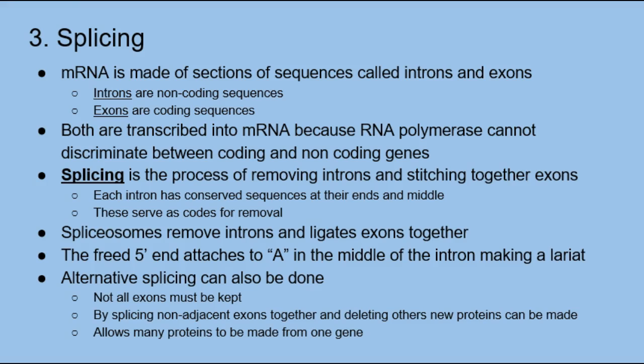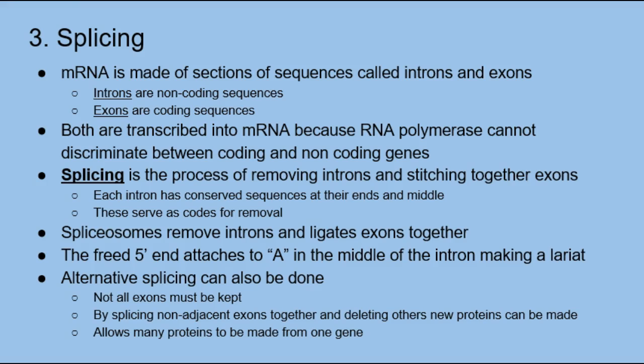Each intron has conserved sequences at its ends and the middle, which serve as codes for removal. Spliceosomes are used to remove introns and ligate exons together. The freed 5' end attaches to the middle of the intron, making a lariat.